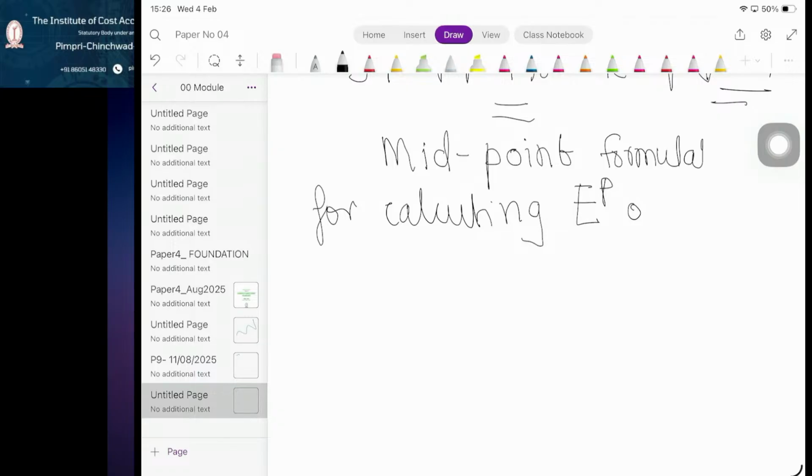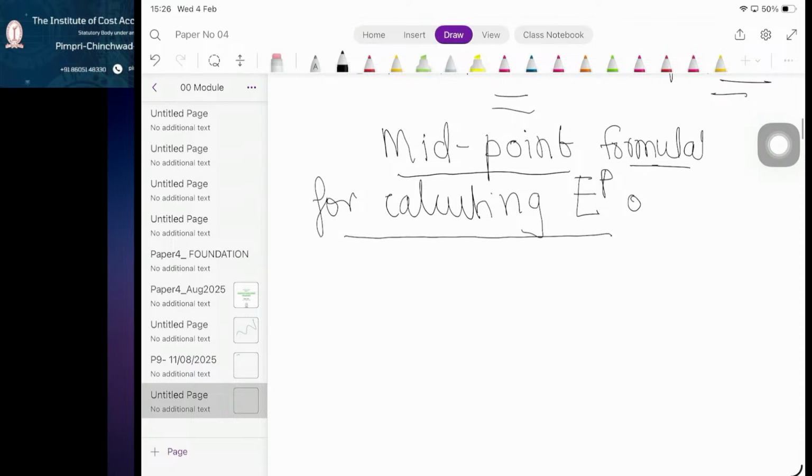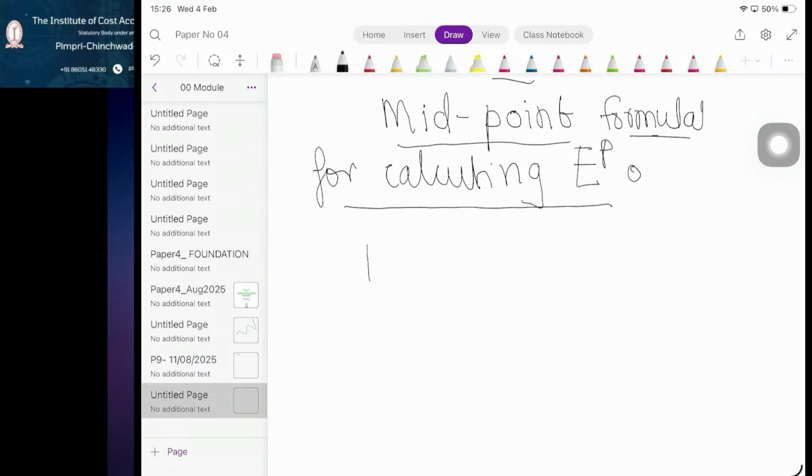Okay, so if we have price and quantity, let me write this as P1 and Q1, and change in price goes from P1 to P2, and you have change in quantity which goes from Q1 to Q2.